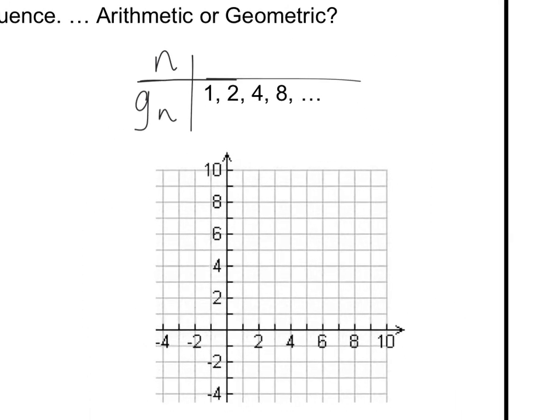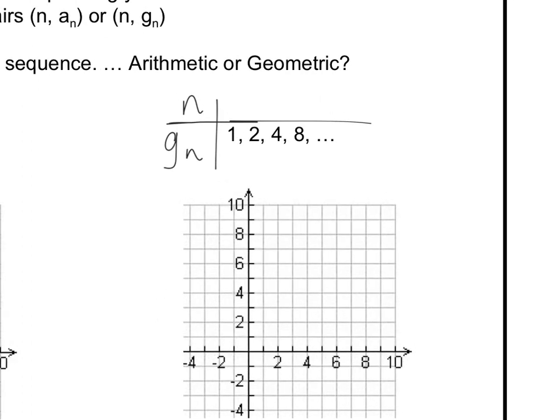Try the last one. It's geometric because it multiplies by 2. N just stands for your term number, so you have 1, 2, 3, 4 terms. Notice how it's kind of curved when you're done because it's an exponential function. The first is 1, the second is 2, third is 4, fourth is 8.